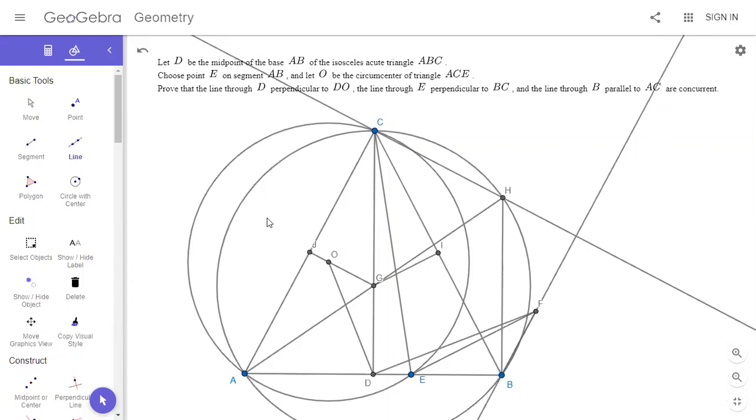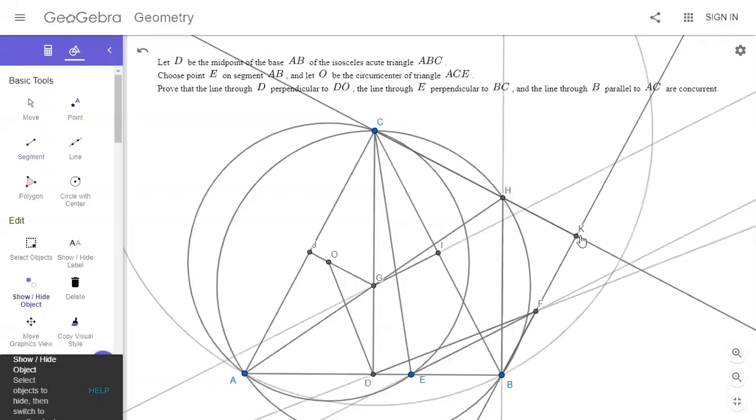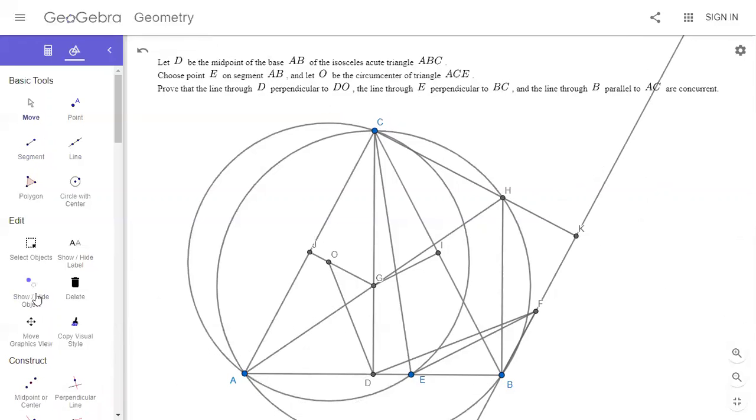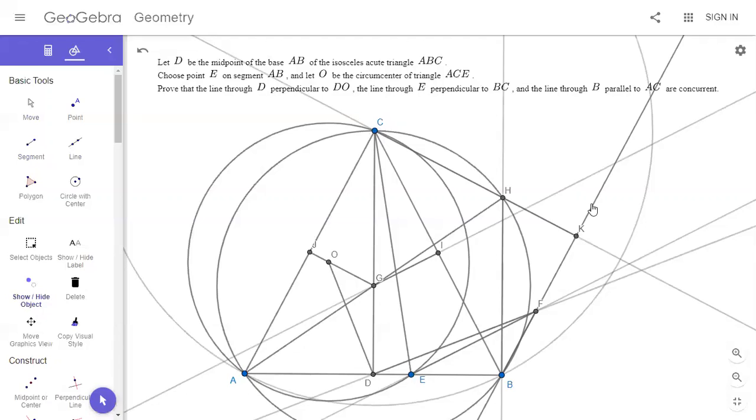I'm making this really complicated, but I'll erase some stuff if you guys want. Hold on. I feel like there almost has to be an elementary proof of this problem, but I'm just playing around with stuff.